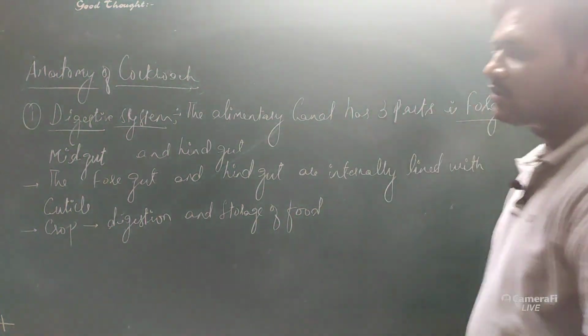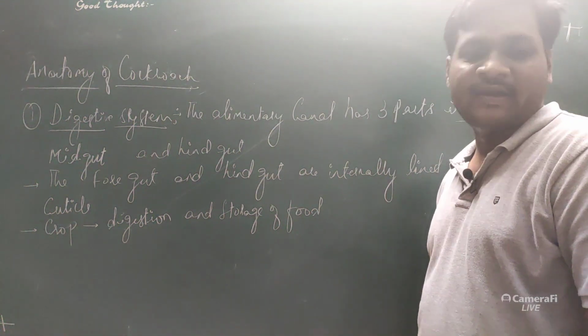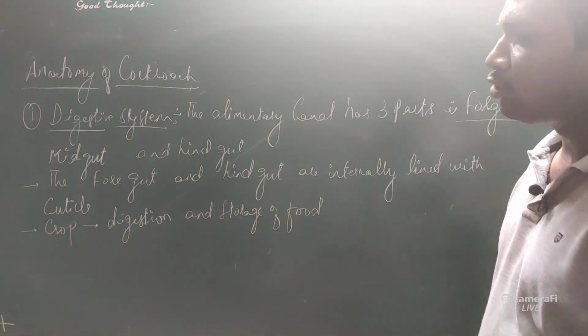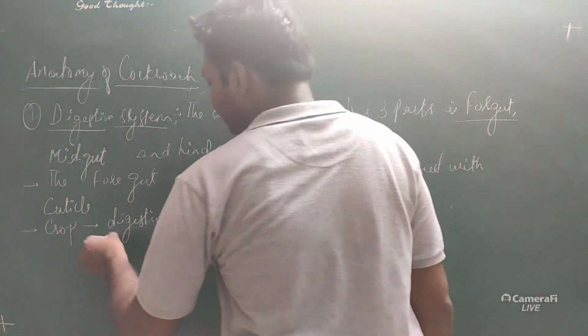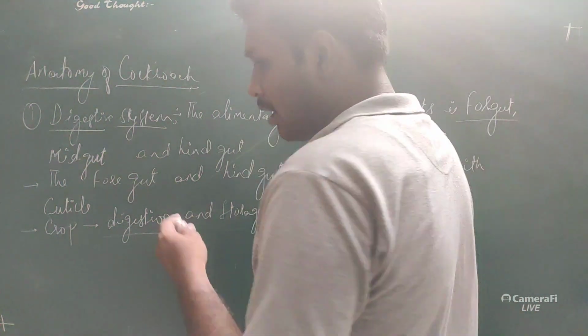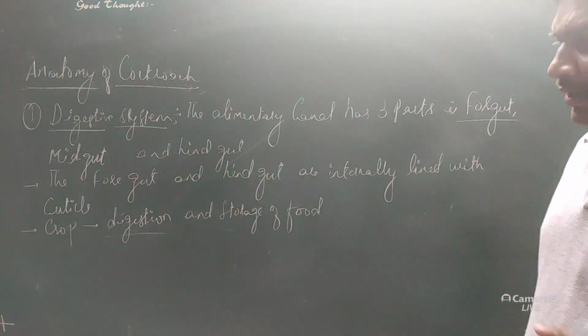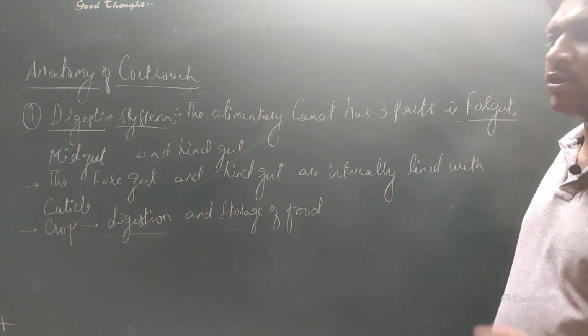If you look at the diagram given in the NCERT textbook, you will see the foregut, midgut and hindgut parts, and also the crop, the part used for digestion and storage of the food material. The crop is a slightly conical part, narrower at the anterior and broader at the bottom.